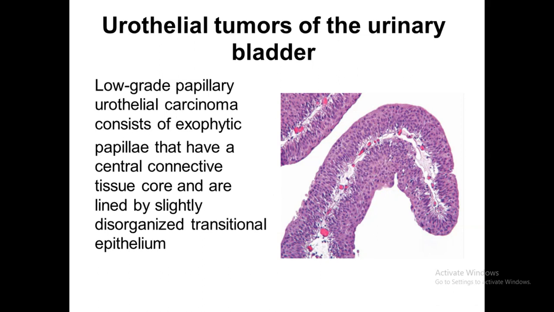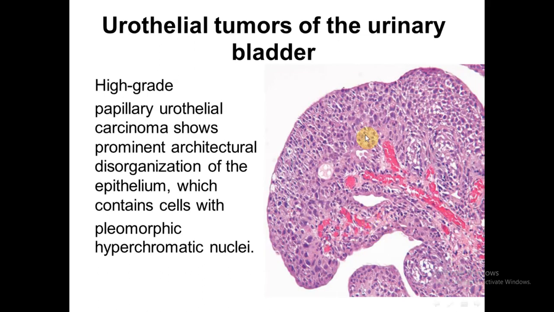Still, there is mild pleomorphism and mild hyperchromasia, and mitosis is present but infrequent, unlike the high grade papillary urothelial carcinoma of the urinary bladder.